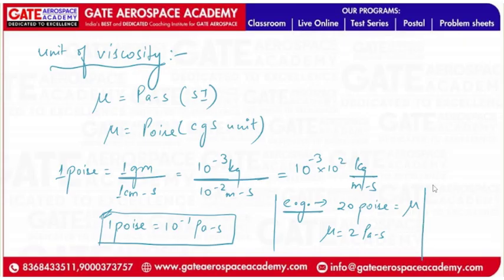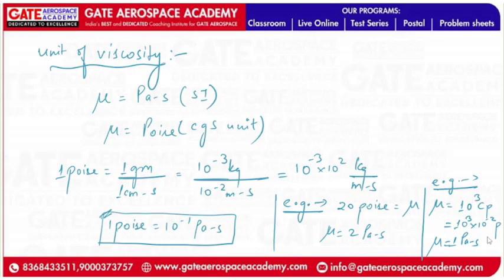You can take one more example, like if mu is given as 10 to the power 3 centipoise. Centi means 10 to the power minus 2. Wherever centi is there, you can do this, and it will be 1 Pascal second. So these are the basic conversions.